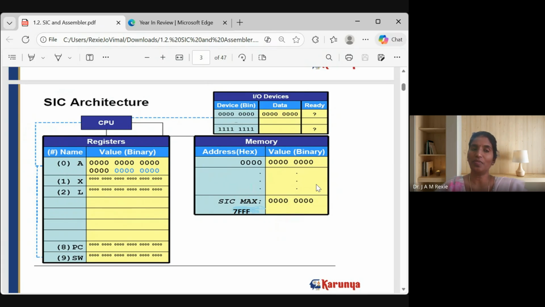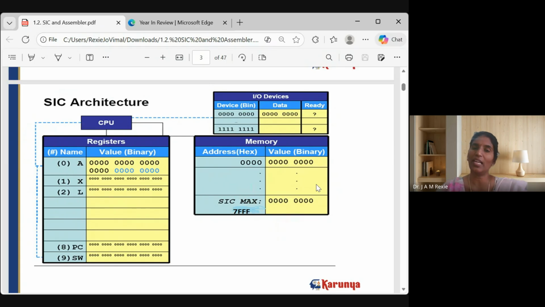The registers which are currently considered are A, the accumulator, the next register for indexing, then L for linkage, to move between the subroutine calls, and then the program counter and the status word, SW.